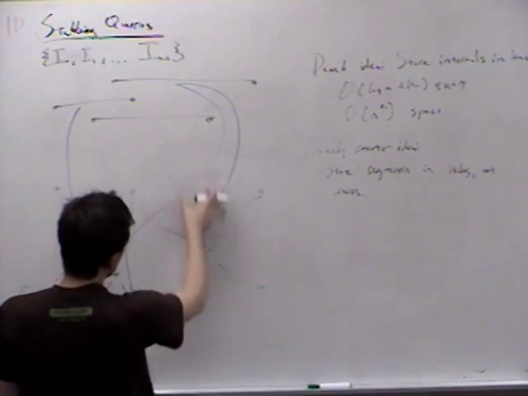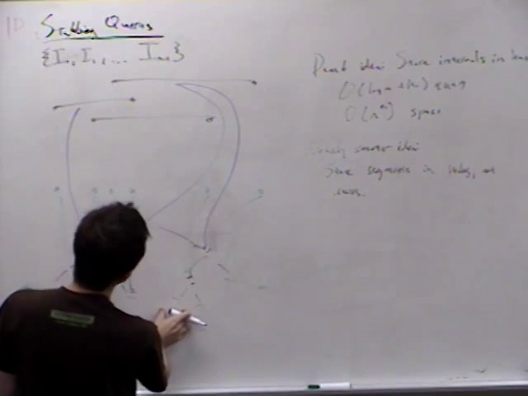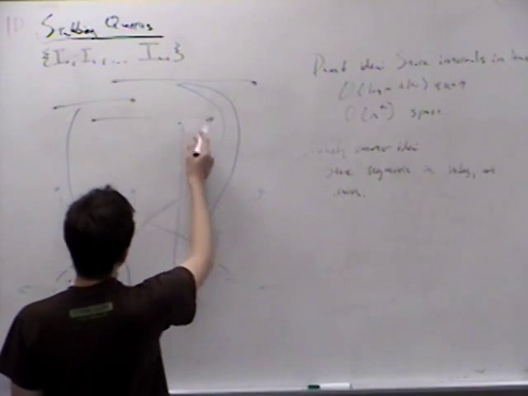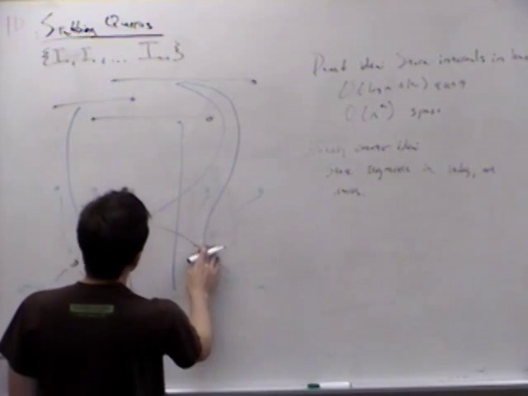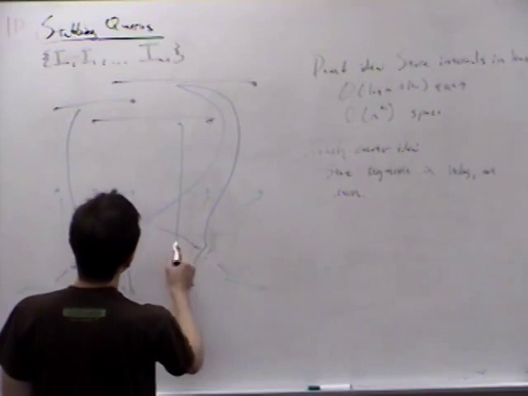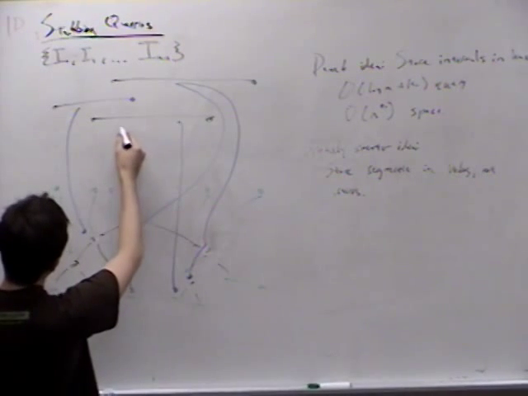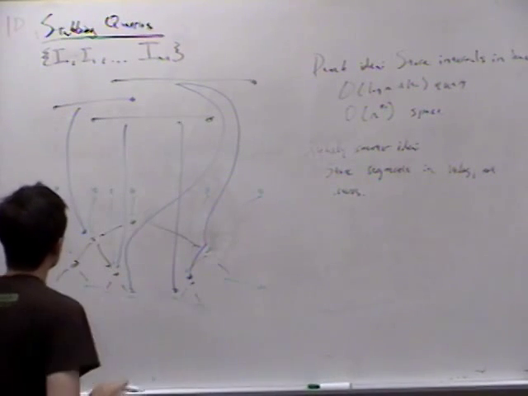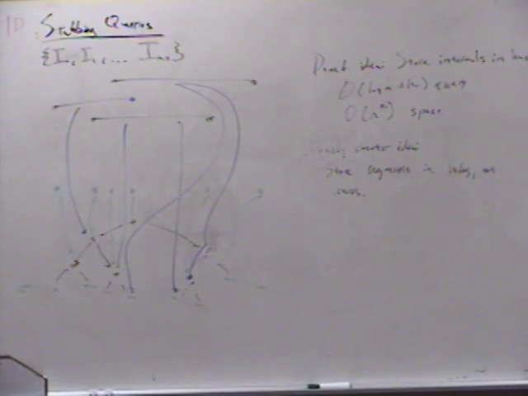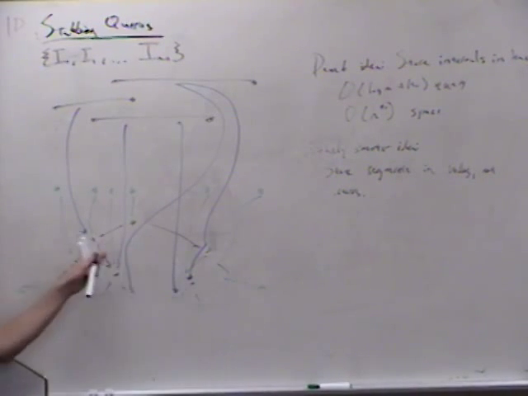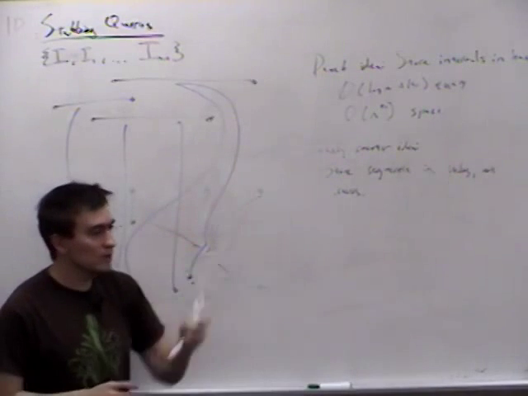Then finally, this node here, well, it's going to be stored in the left node. No, actually, this thing should go all the way down here. So this one will be stored in that node here, and then also this tree down here, right? So that's the idea with this. So we'll basically take each of these segments and then store it in these nodes of the tree that happen to cover the input interval.